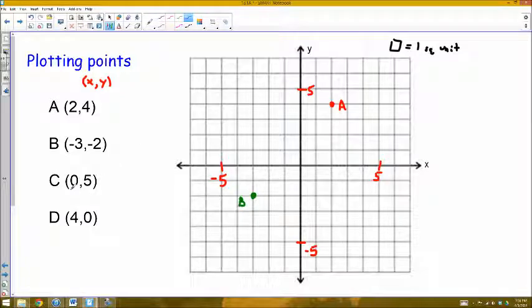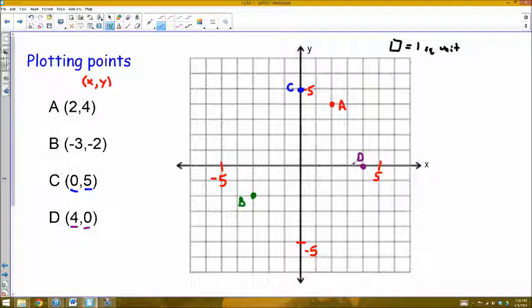Point C has gone no units in the x direction and up 5 units in the y direction. And point D has gone right 4 units in the x direction and no units in the y direction. So I'll go right 4 units and up no units.